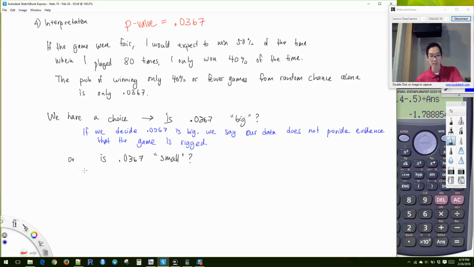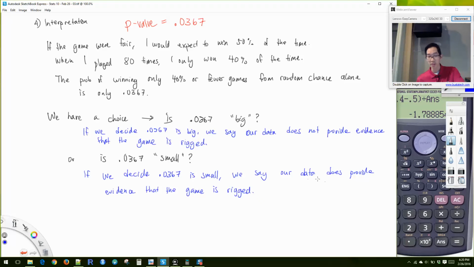Okay. On the other hand, if we decide 0.0367 is small, we say our data does provide evidence that the game is rigged.